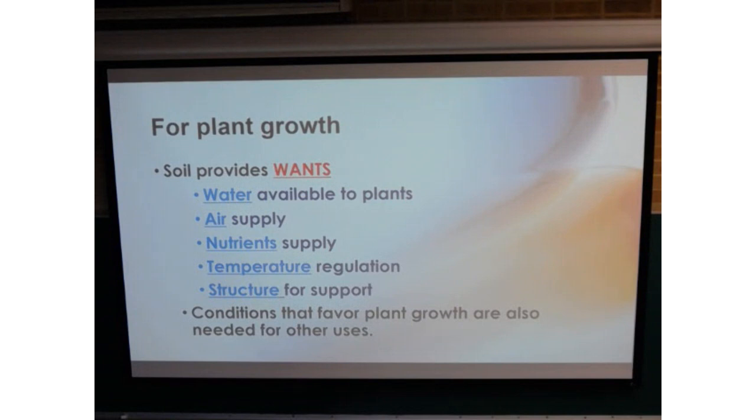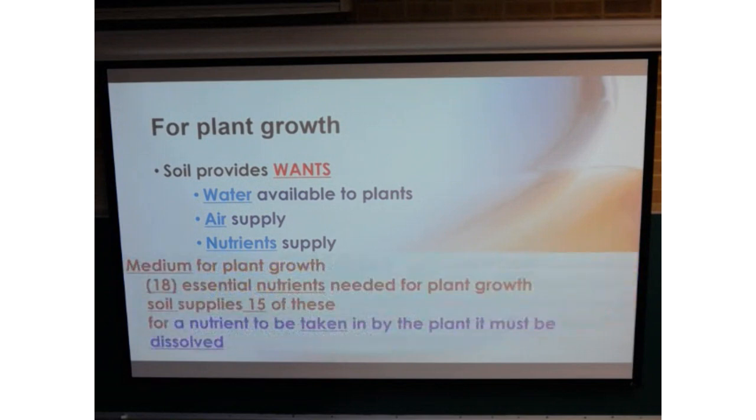And we are able to grow plants using the soil. Like I said, W, water; A, air; N, nutrients; and T, temperature, and structure for support. We simply call that WANT. I think you are familiar with that word because we talked about it last time in the soil science class. Those conditions that favor plant growth are also needed for other uses.